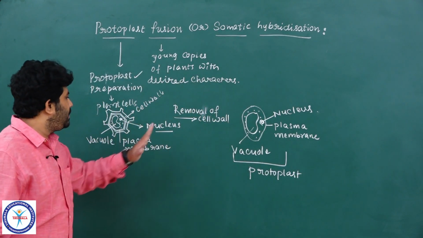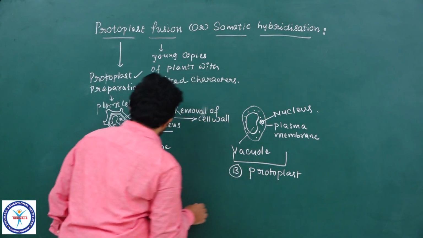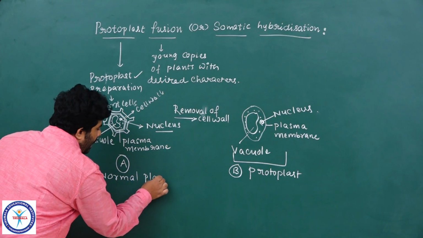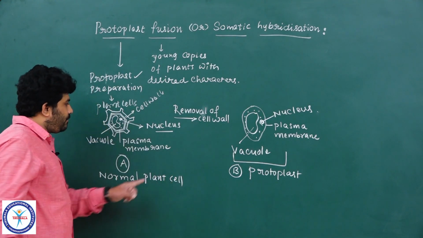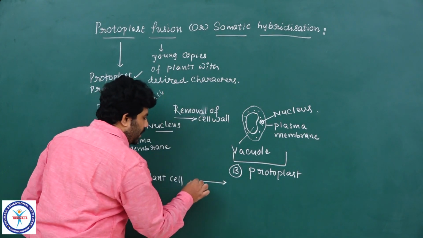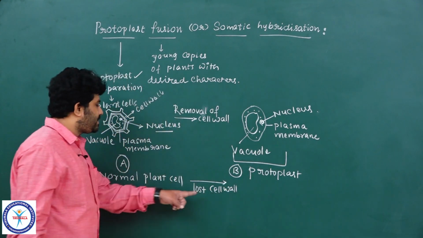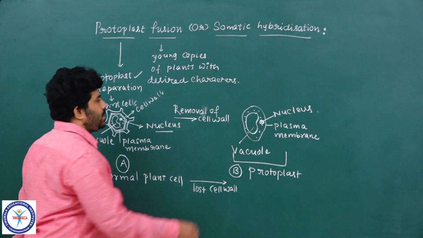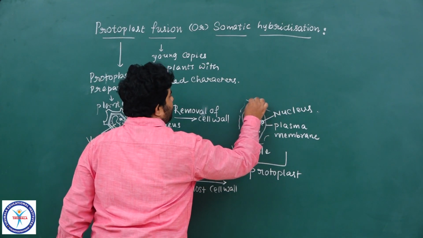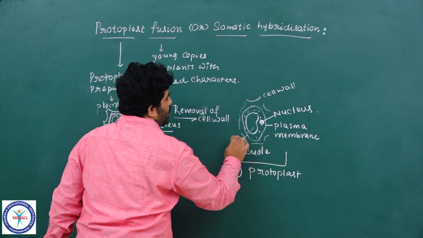What is the difference between A and B? A is a normal plant cell. But here the normal plant cell has lost its cell wall. The outermost layer is not present here; the cell wall is completely removed, lysed or destroyed.